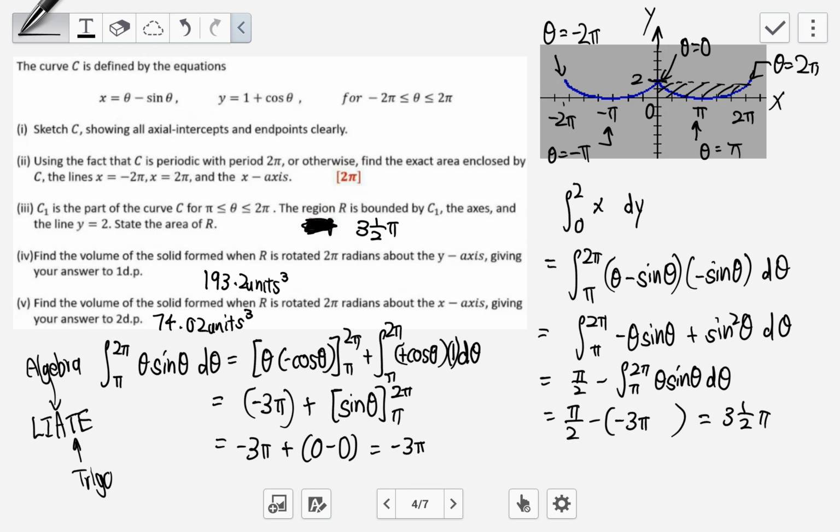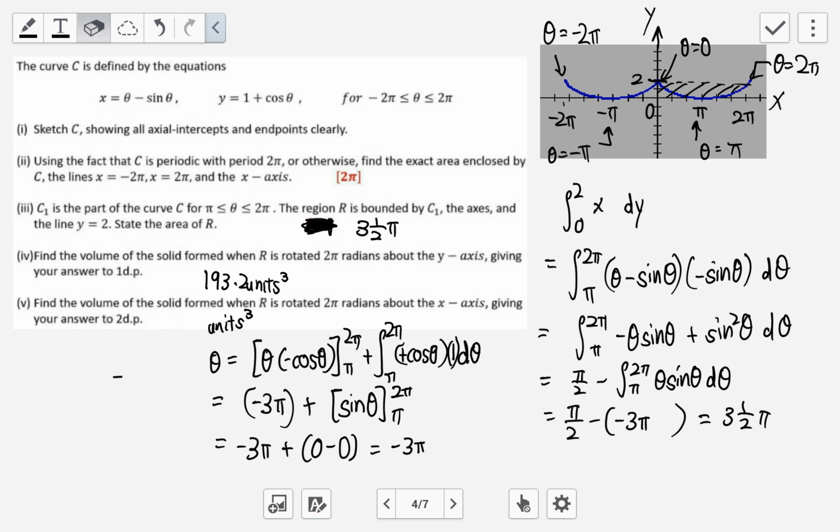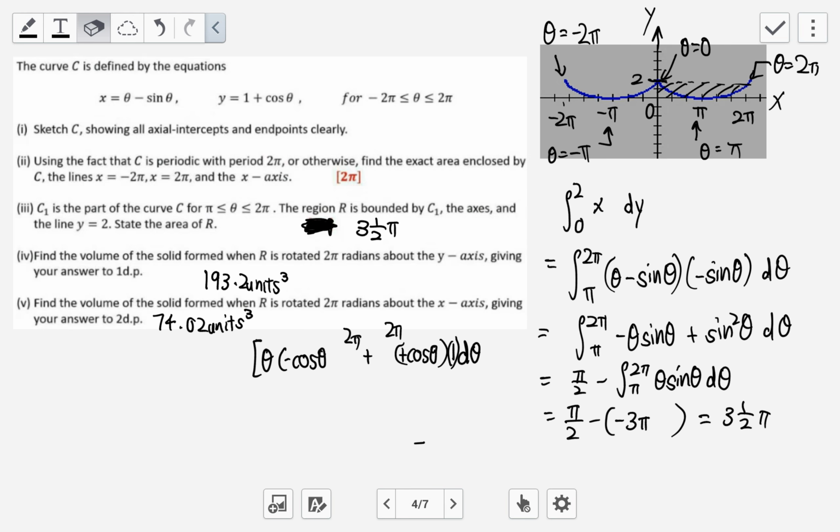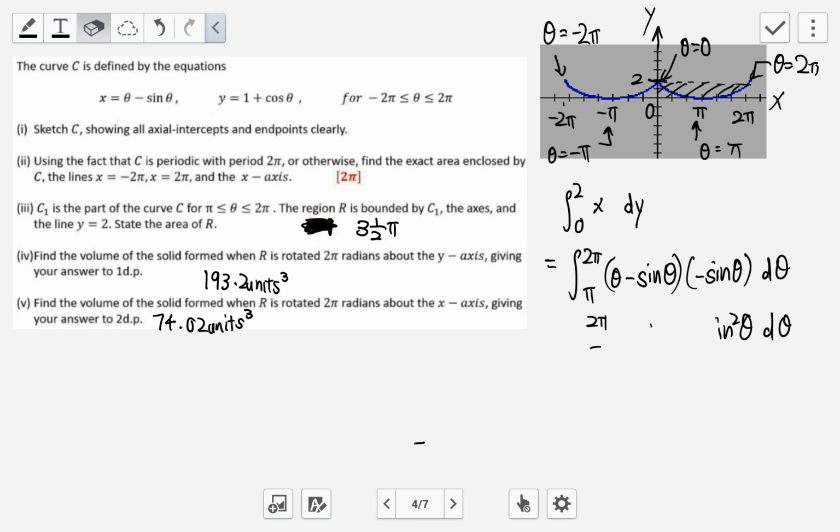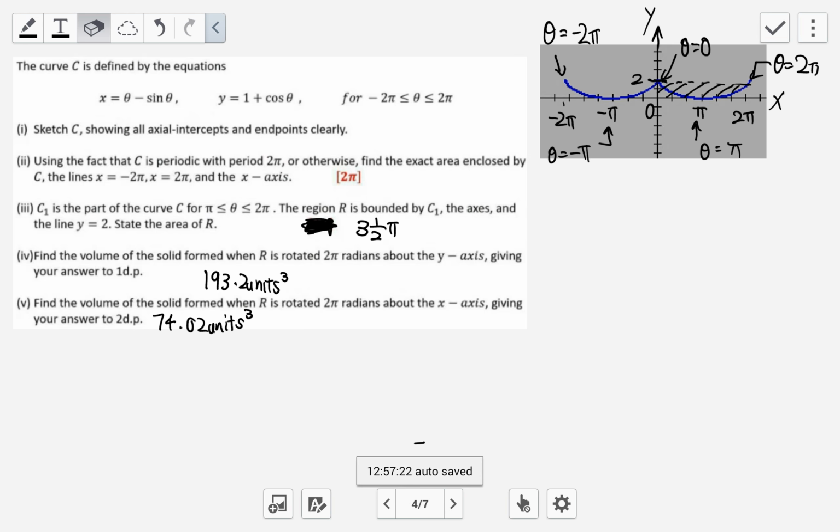Now that we have done the first 3 parts, I'm going to the 4th part. I'm just going to erase it away. It's a long question, just have to be careful with every part.